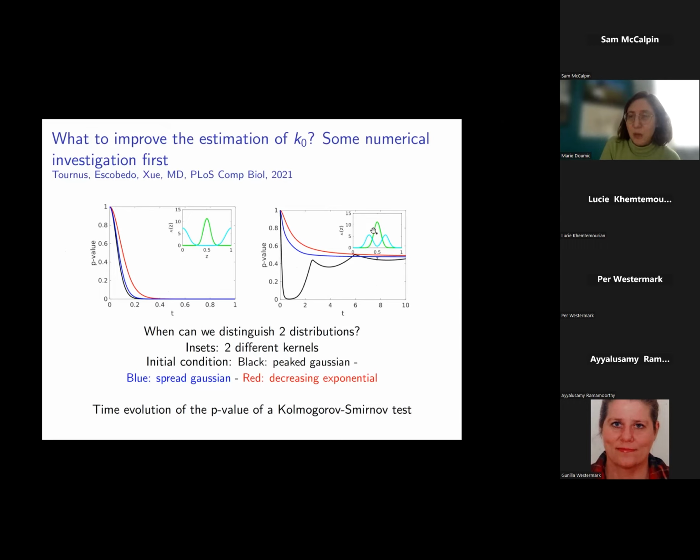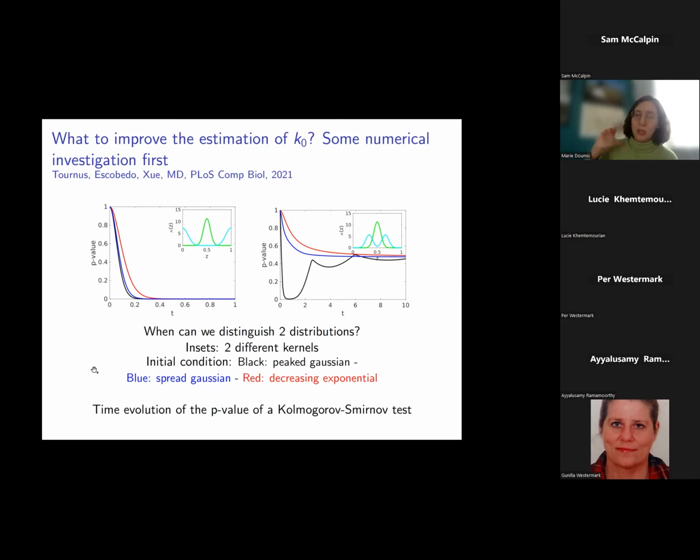Here you see the blue and green kernels are not that different, but still, if you depart with a peaked Gaussian, which is the curve in black, then during the time window between 0 and 2, let's say, at the beginning we have the same distributions, of course, you cannot distinguish. There is a way to select and to say, yes, the two distributions come from two different fragmentation kernels.